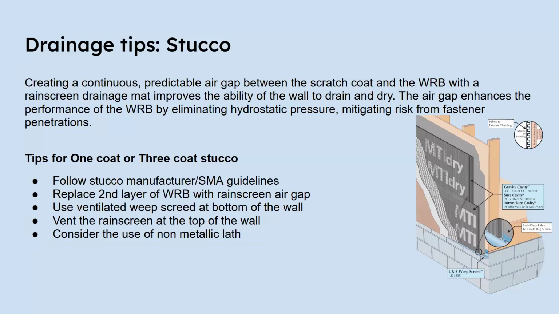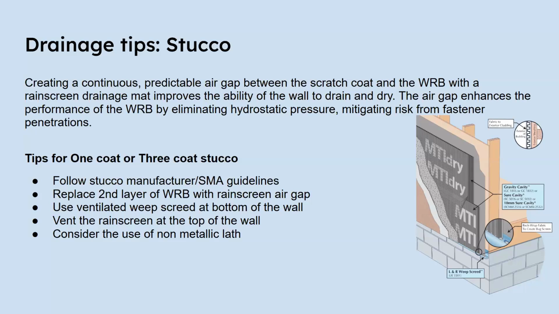There are casing beads and corners and other metal elements that have to be incorporated into a stucco system to minimize cracking and provide for exterior wall movement. And it's extremely important to follow all of those considerations.